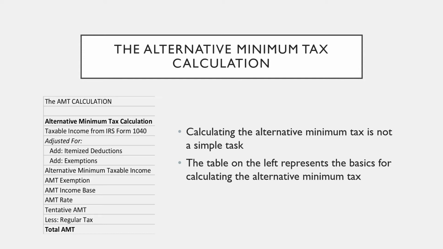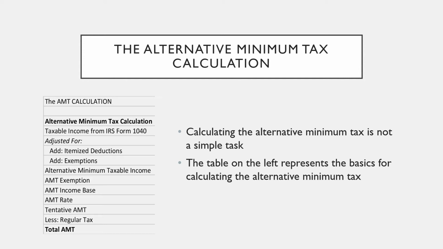The AMT income base is then multiplied by the appropriate AMT rate, 26% or 28%. The 28% alternative minimum tax rate applies to taxpayers whose AMTI exceeds a specified amount, which is $197,900 for all taxpayers and $98,950 for married taxpayers filing separately in 2020.